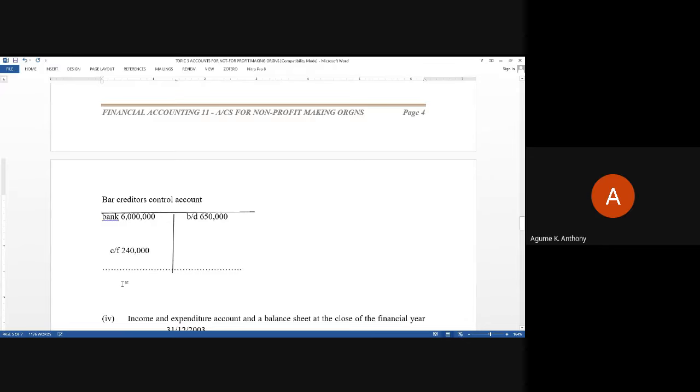So if I balance off this, I can see the debit side is bigger than the credit side. So this is 6,240,000. In that case, the balancing figure here represents bar credit purchases, which is 5,590,000.